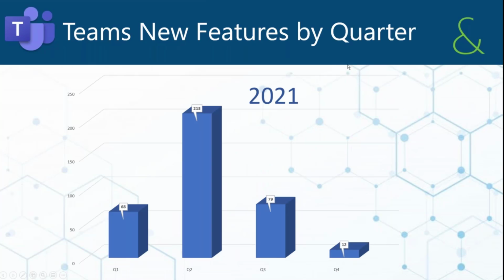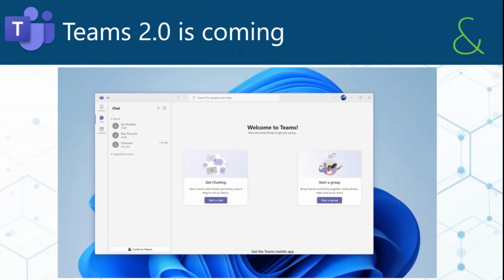New features that I mentioned, I haven't updated this recently, but this just shows that they're already projecting out features being released later in this year. So it's just crazy how quickly Teams is changing, and Teams 2.0 is coming. So with the release of Windows 11, they're going to rework Teams.